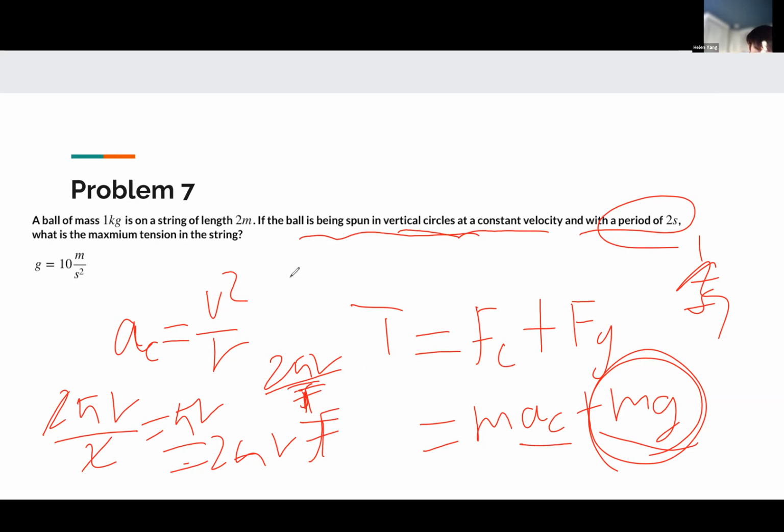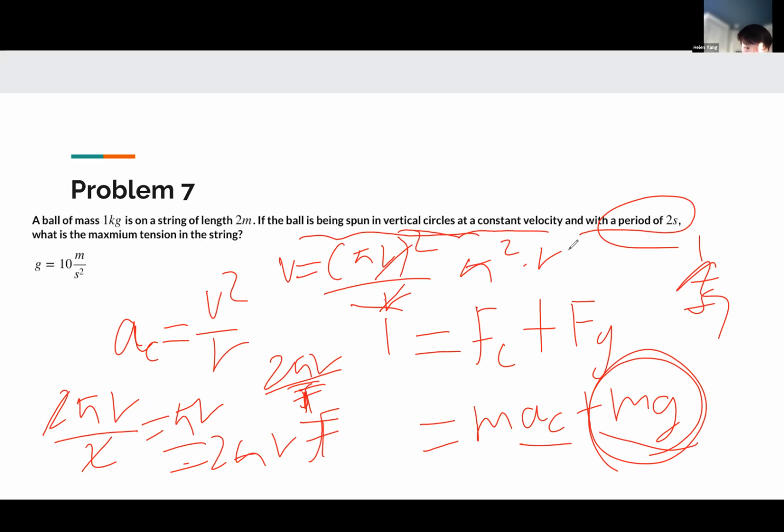So that's the velocity. So AC would equal pi r squared divided by r, which is pi squared times r.